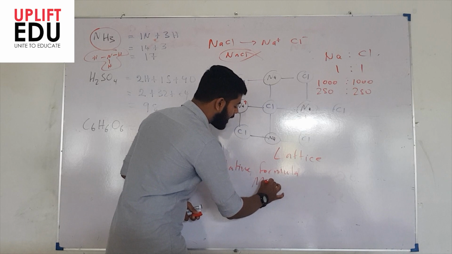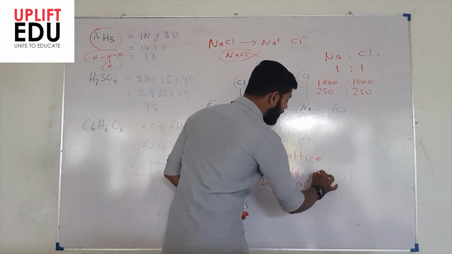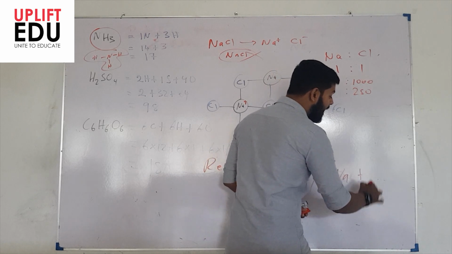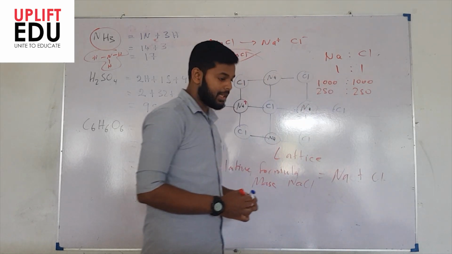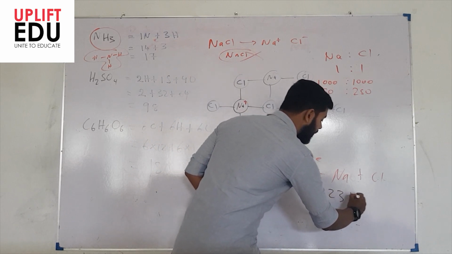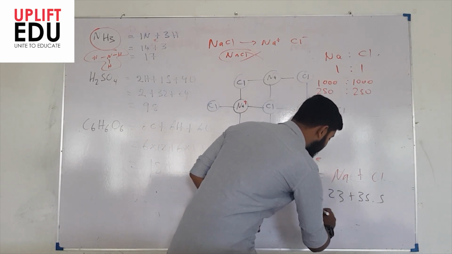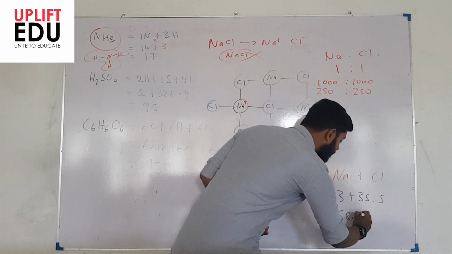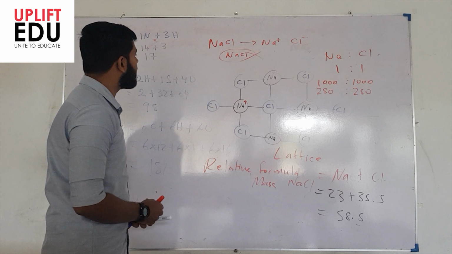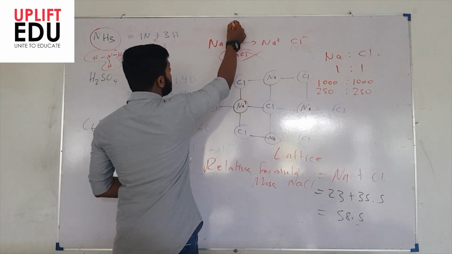The relative formula mass for sodium chloride will be equal to the relative atomic mass of sodium plus the relative atomic mass of chlorine. Sodium is 23 and chlorine is 35.5. Altogether I will get a value of 58.5.